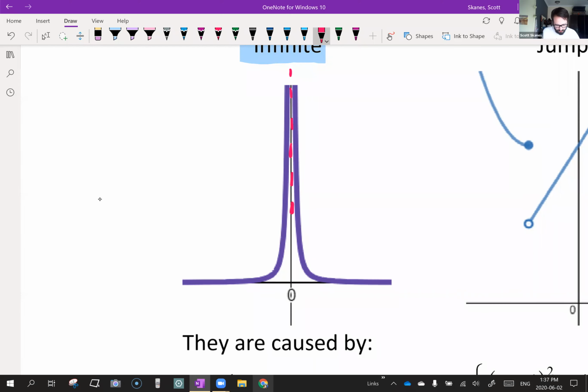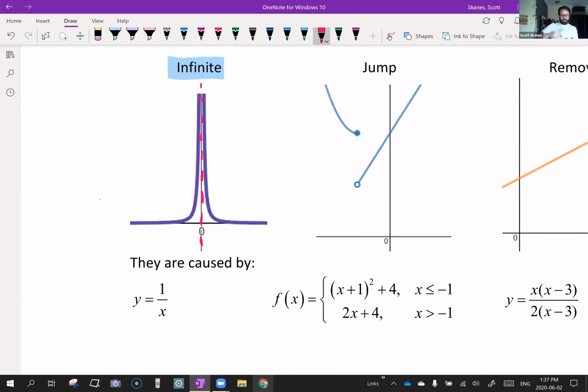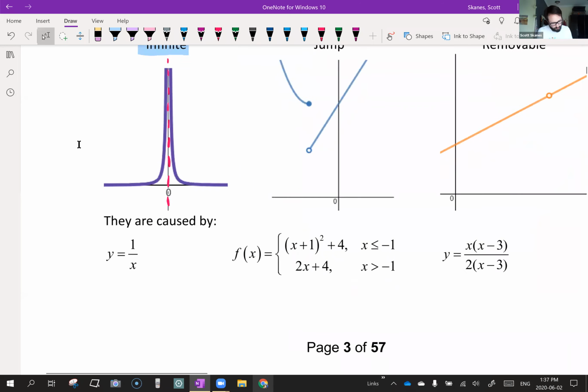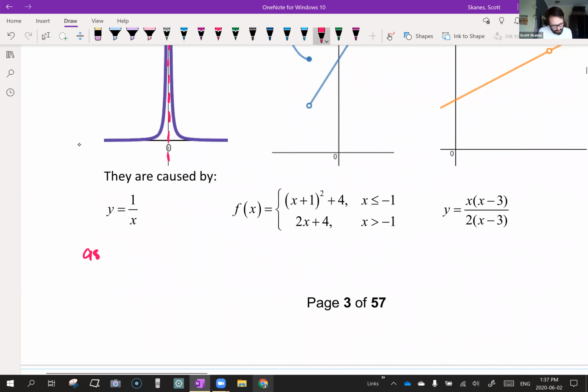Do you remember what these are called if it jumps up and never quite touches? What's the name of that special line, that dotted line that we can never touch? It has a special name. Asymptote, you got it.